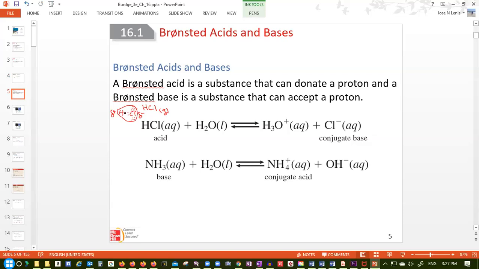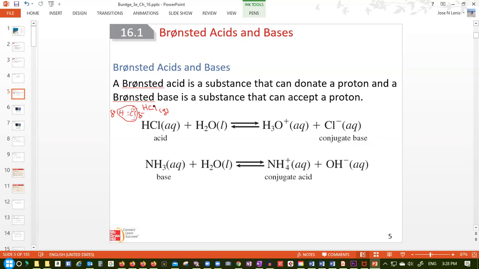So we can say this hydrogen-chlorine bond is relatively weak. In a gas phase, this is a neutral species and it's molecular.